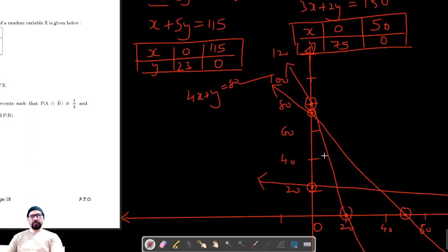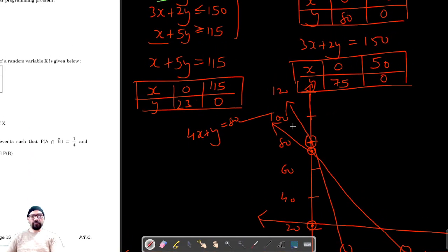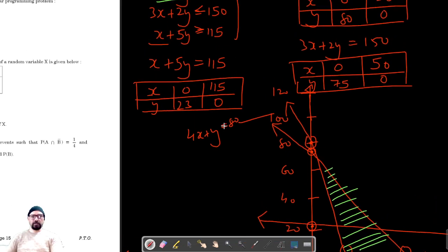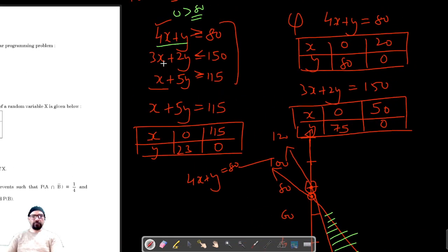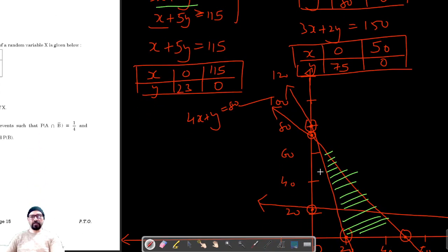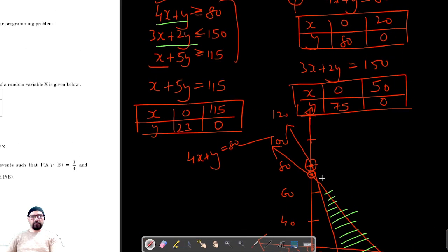So the graph of this inequality is away from the origin. The next is 3x plus 2y less than or equal to 150; with 0, 0, 0 is less than 150.